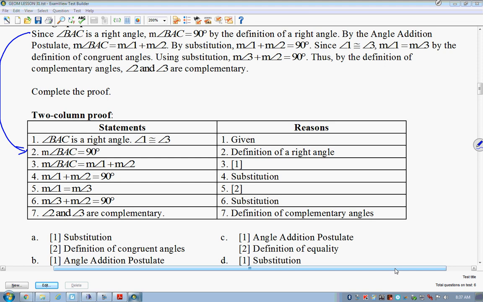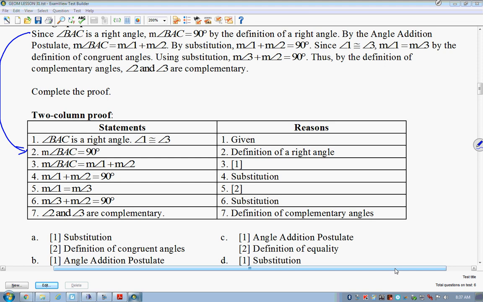Okay, they didn't in this case, but you should. If you ever have to write a paragraph proof, say, you know, the information that I've been given is this, period. Okay, and that gives your justification, it gives you your statement. We go from there.